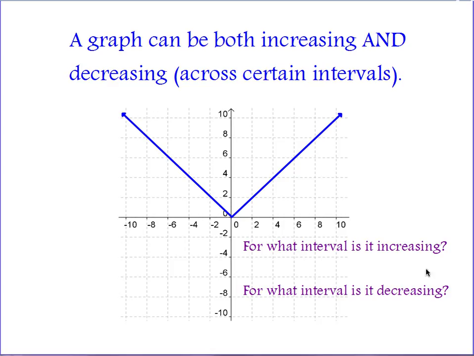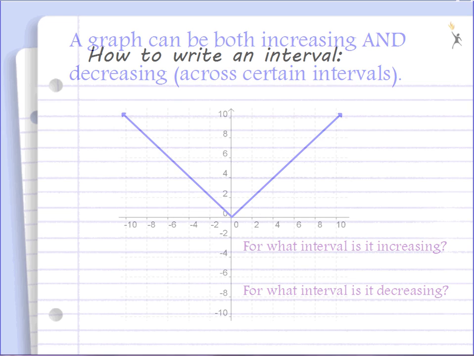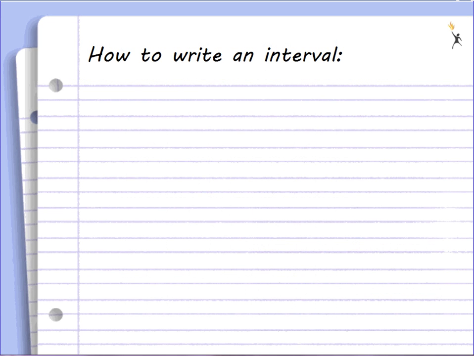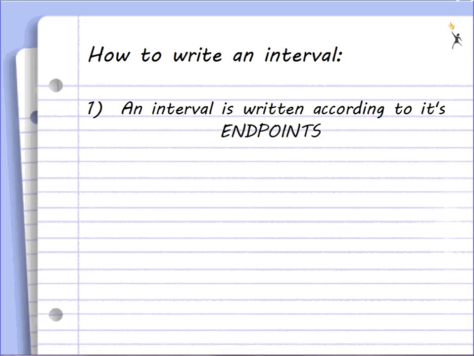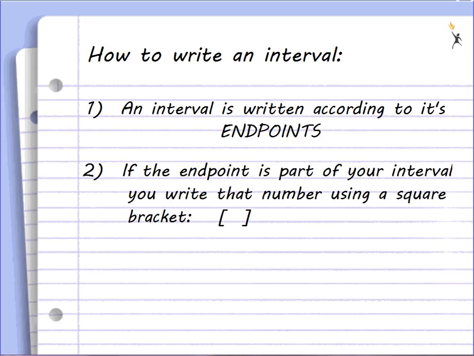So before we state where this graph is increasing or where the graph is decreasing, let's review how to write an interval. Intervals represent a group or range of values, and intervals are always written according to their endpoints. If an endpoint is part of our interval, we use a square bracket.